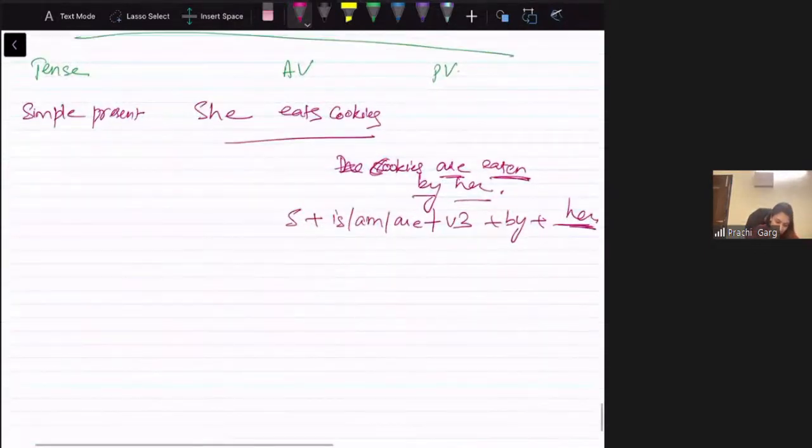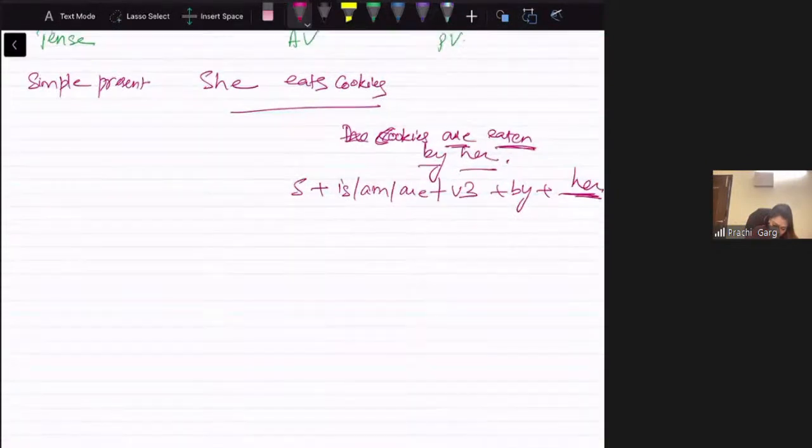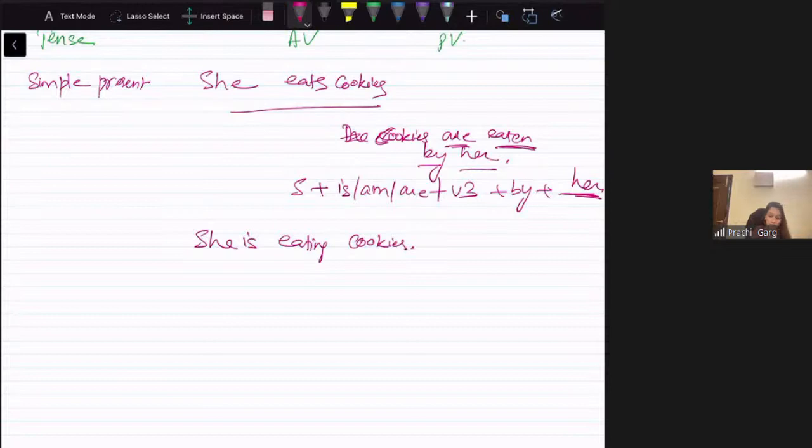Present continuous. If the sentence says she is eating cookies, now this will become cookies are being eaten by her. Clear?